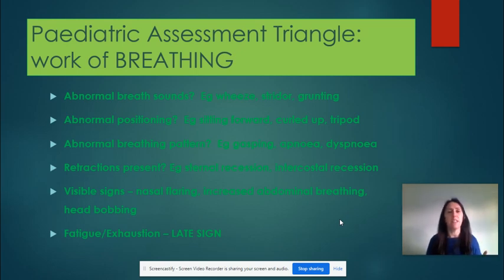And the final late sign, the worst, when they get too tired. This is pre-arrest. Have you heard the term peri-arrest? Peri-arrest means they're about to arrest. And you know now that most pediatric cardiac arrests are respiratory or oxygen related. If you have a patient that's getting way too tired to breathe, they're minutes from cardiac arrest.